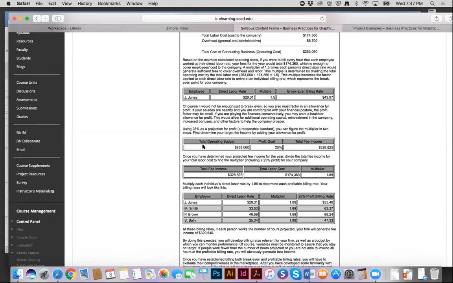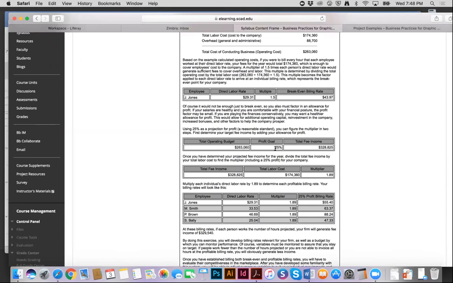So you can see that if you've got your total operating budget and your profit goal is 25%, you find your multiplier by dividing your total fee income by your total labor costs, and it gives you a multiplier of 1.89. And by the way, in John's model, the 25% is kind of weird.